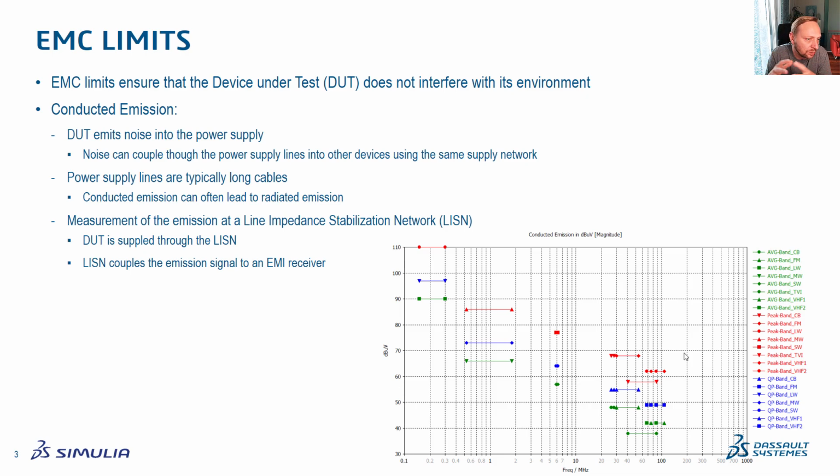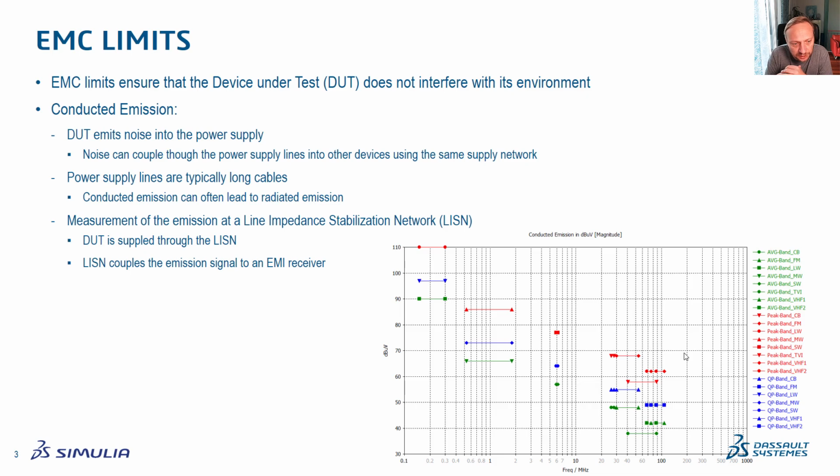What's typically done is that your DUT, the inverter, will emit some noise due to the switching, and this noise might couple into the power supply. That's why we need to make sure the level of coupling into the power supply, be it the power supply system in a vehicle or the power supply in your house, is limited. Typically, you use a so-called LISN, a line impedance stabilization network, through which you connect the power source of the inverter.